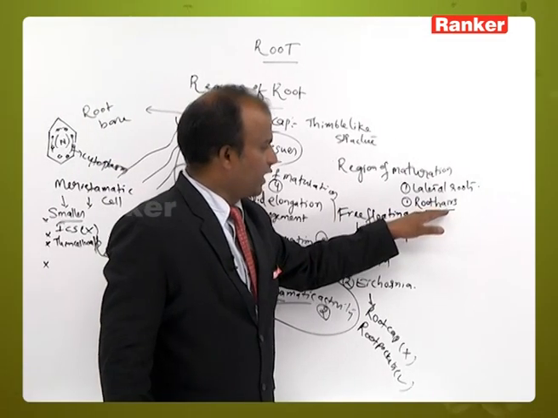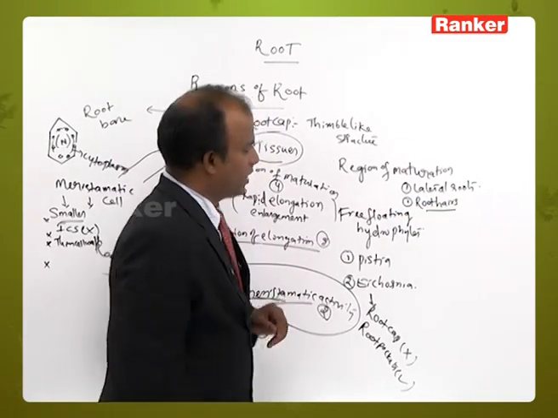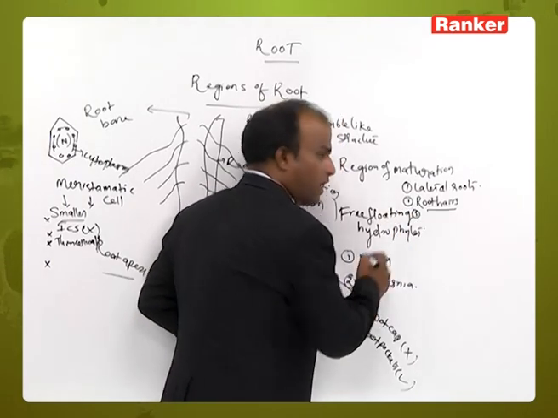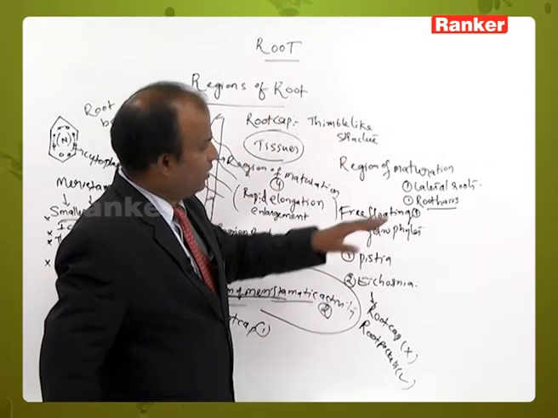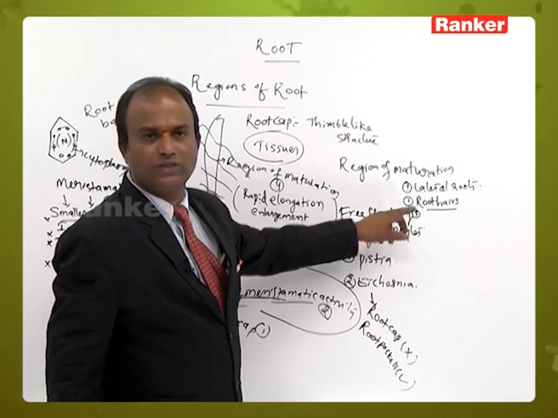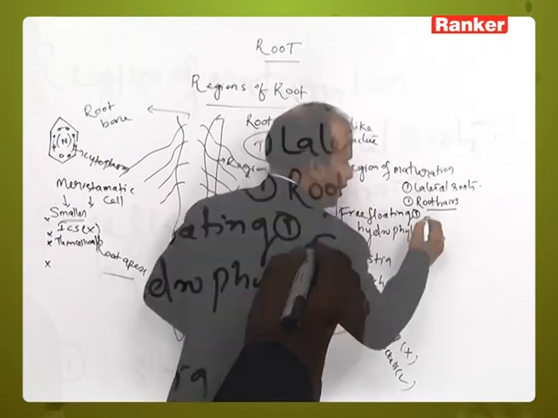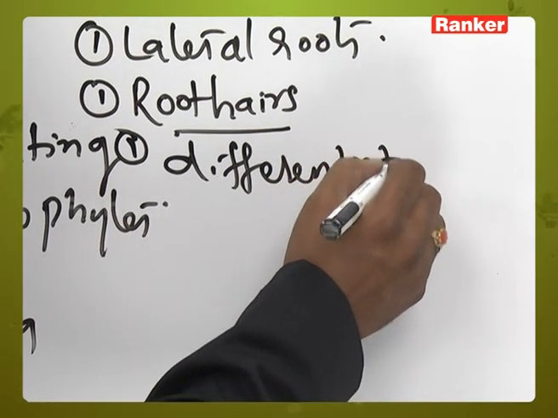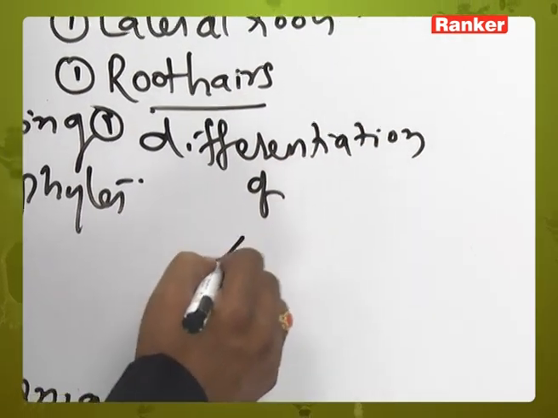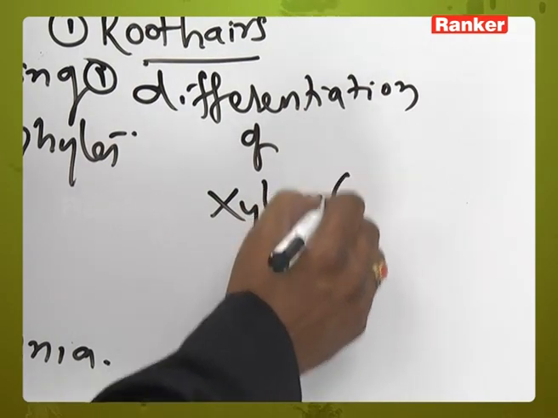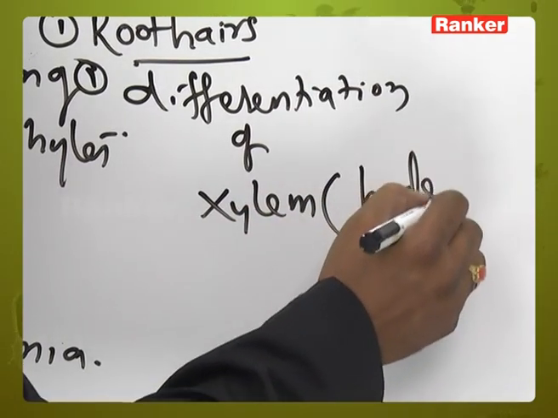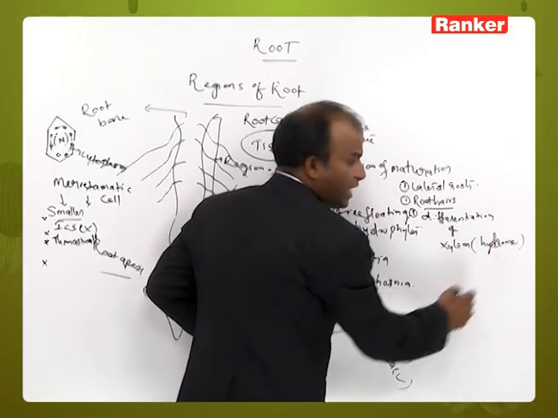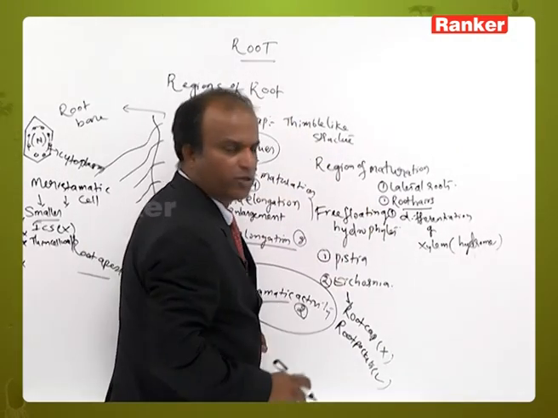After the root hairs, what is another part seen in the region of maturation? Differentiation of xylem, which is nothing but hydrome.